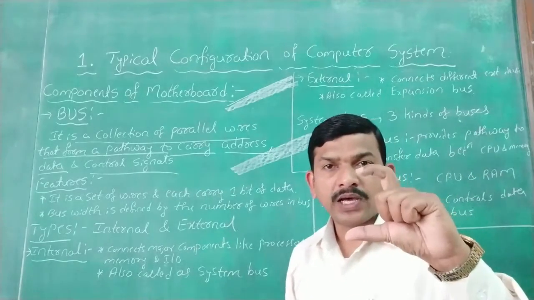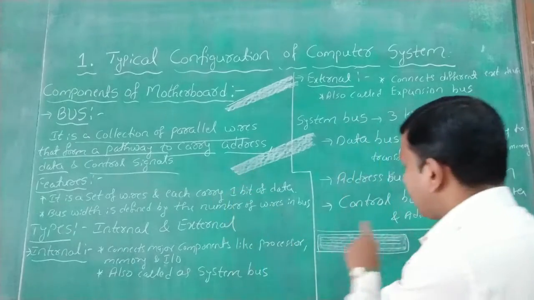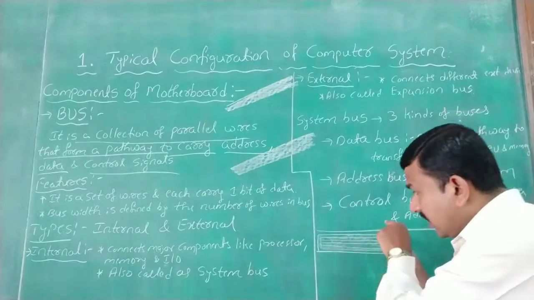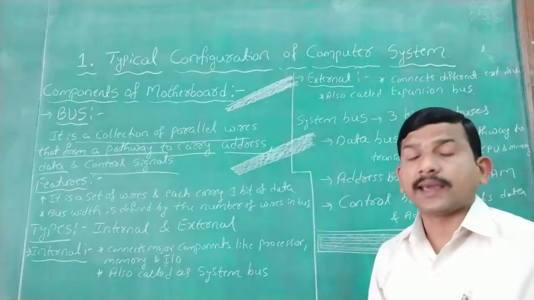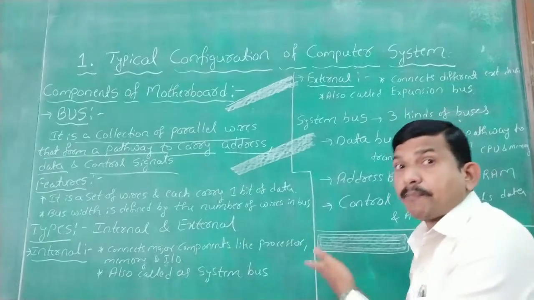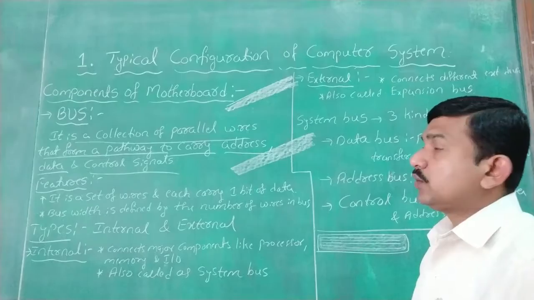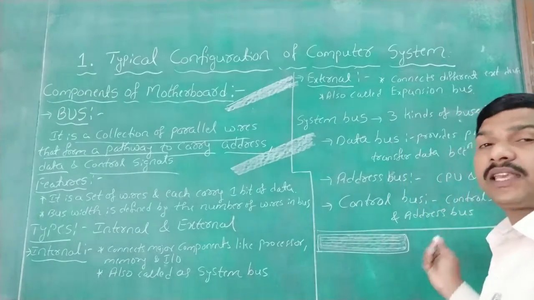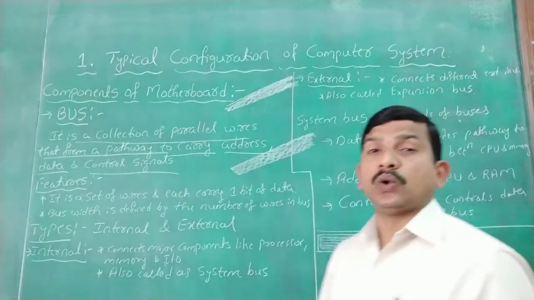The bundle of cables we call a bus. This bus contains different wires internally. So why are we using this cable? It acts as a pathway to carry data, address, as well as the control signals.